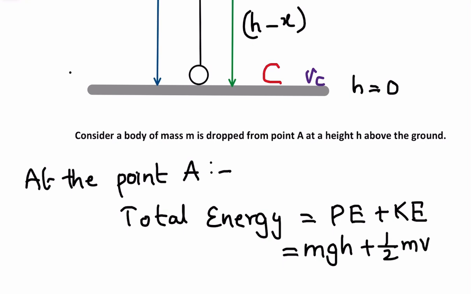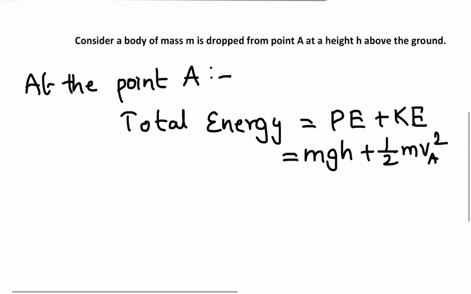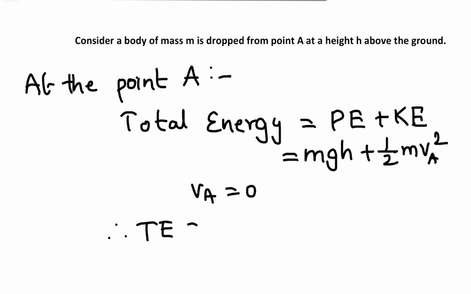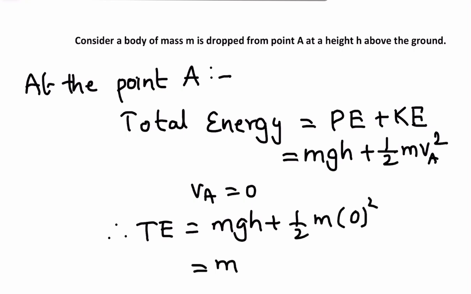But just now I said that at the point A, when something is thrown from a height, velocity always becomes 0. So here VA is equal to 0. Therefore, total energy is equal to mgh plus half m into 0 square, which is equal to mgh. So at the point A, total energy is mgh.